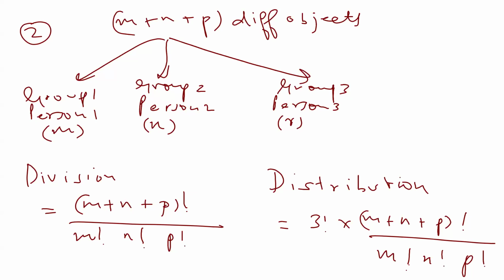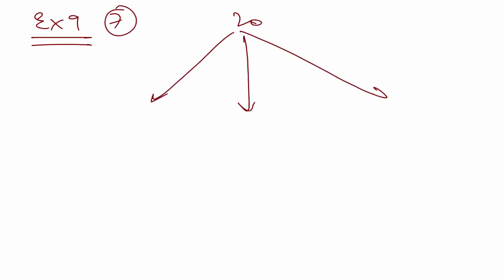So in the worksheet, let's go to question number 7. There are 20 articles and we need to understand whether it is division or distribution. It is packed in 3 parcels. So these are unequal groups. So this is just grouping, division. We are not distributing to 3 different persons.